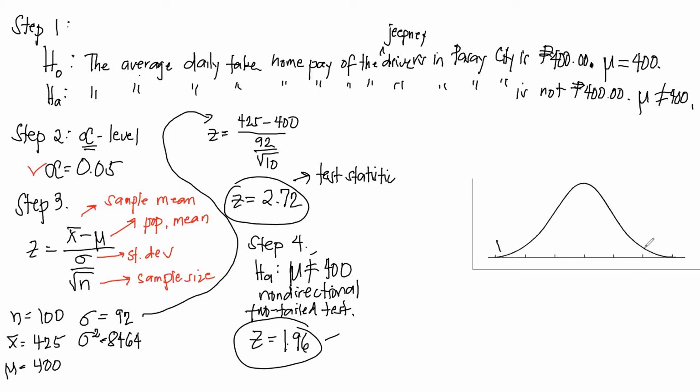So this one and this one. Plot the z-score. Let's assume that it is here, so this would be 1.96. We will be plotting the other z-score here, 1.96, for us to have a two-tailed.